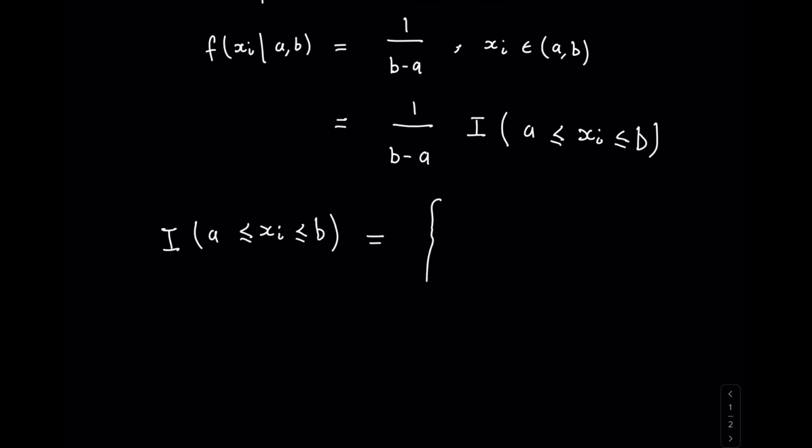Basically, we're going to say the indicator function takes the value 1 if a is less than or equal to xi, which is less than or equal to b, and the value of 0 elsewhere.